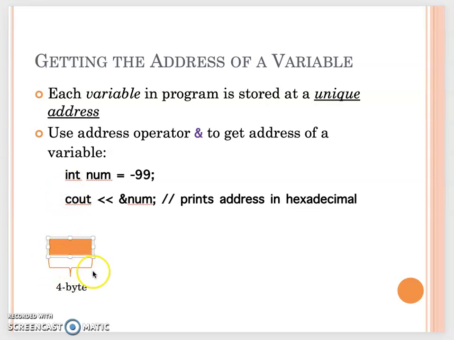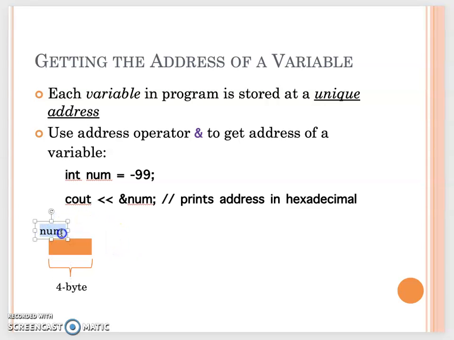That's why I show you here that the size of this memory slot is 4 bytes. Then we have the num variable, which actually just refers to the beginning of this memory location.